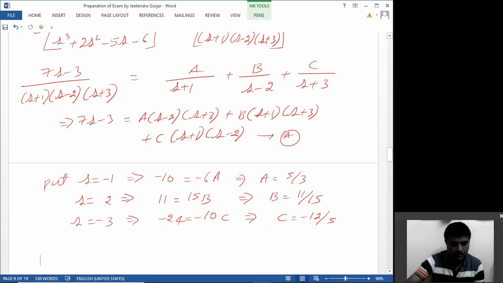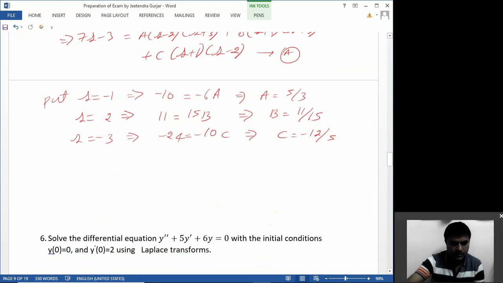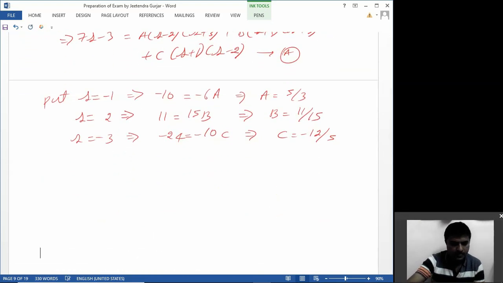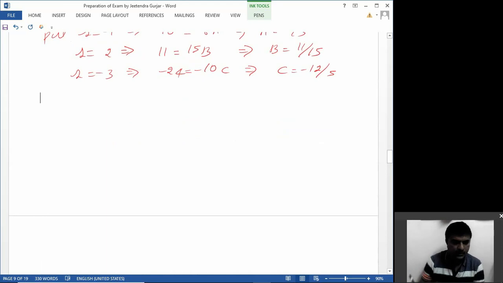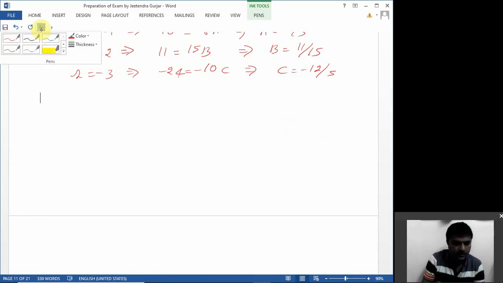So therefore, now again inverse Laplace transformation. This is easy if you have done Laplace and inverse Laplace transformation very easily.